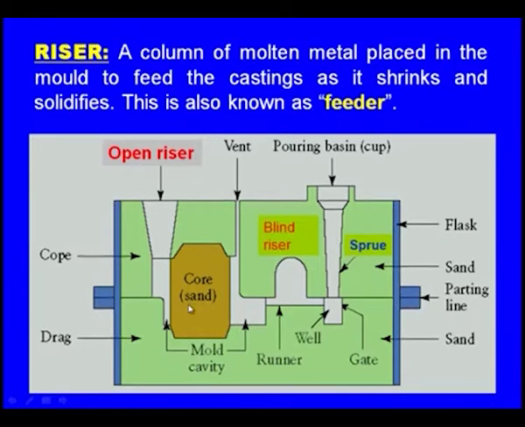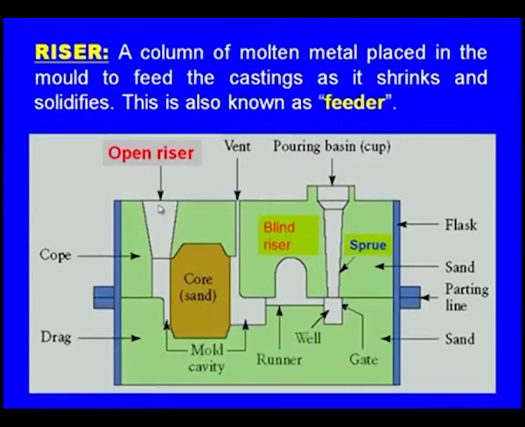Then once the cavity is filled with the molten metal, it rises again in this vertical channel. This is known as the riser. Riser means a column of molten metal placed in the mould to feed the casting as it shrinks and solidifies. This is also known as the feeder.